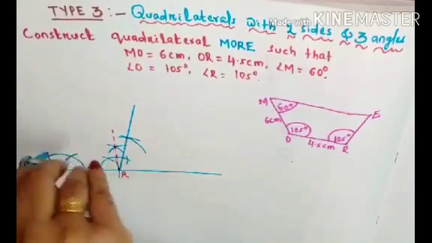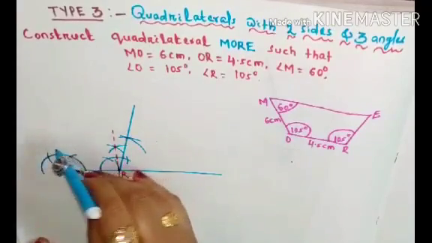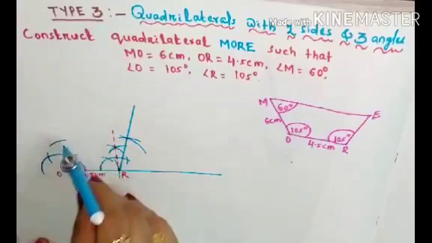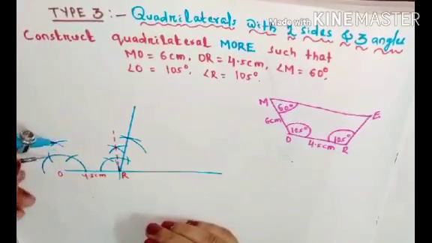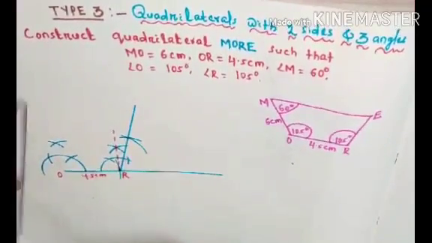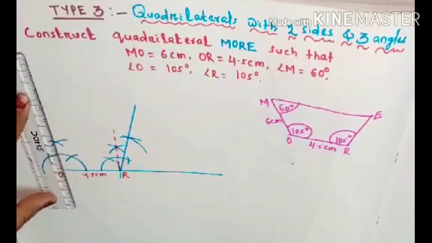Second I have to draw 120 degree. Then taking 60 as a center, I have to draw an arc. Taking 120 as a center, I have to draw another arc. And this is my 90 degree.